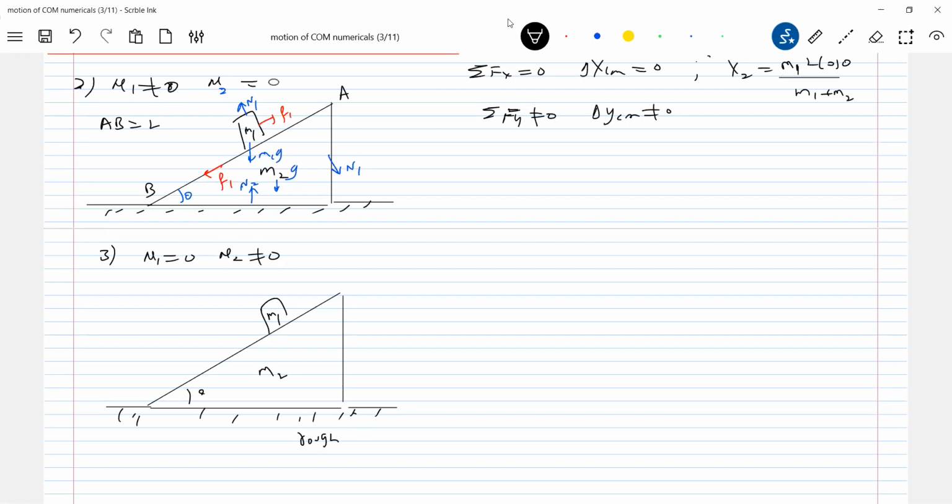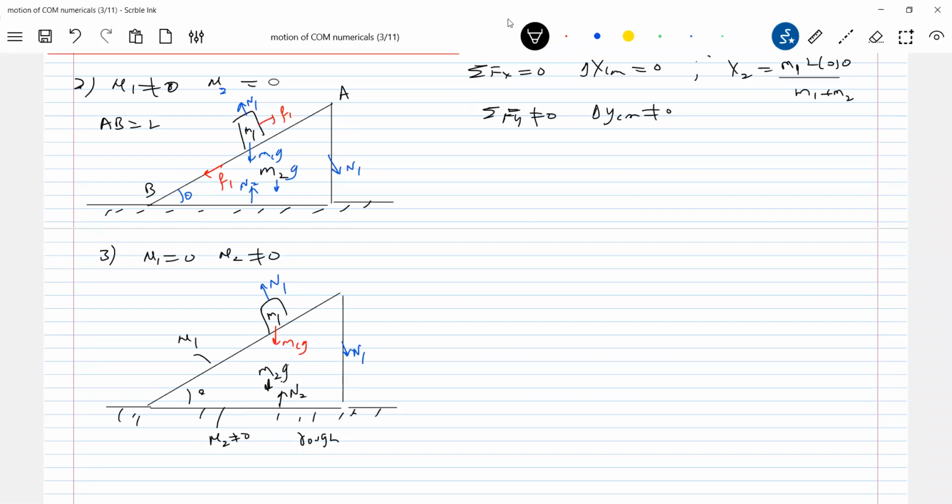So what are the forces that will be acting on the system? Normal contact N1. There's no friction here, as the inclined plane is smooth. This is mu1. So M2g, and normal contact N2. In what direction should the friction act on the wedge?